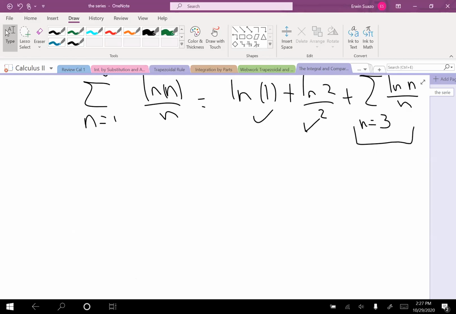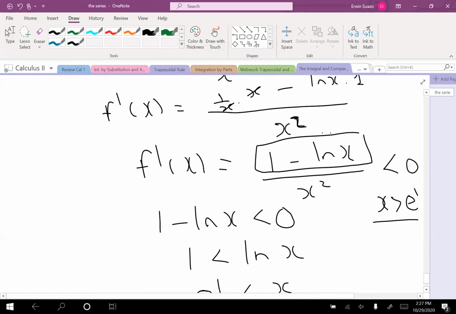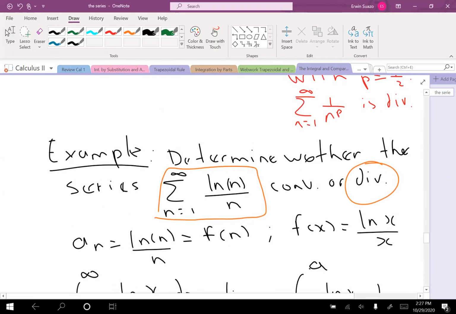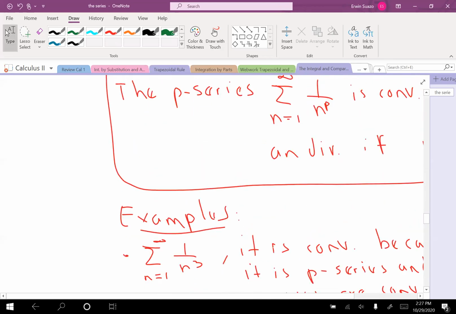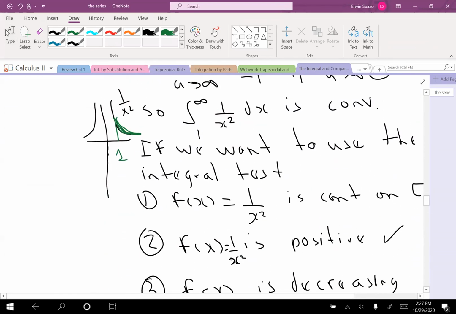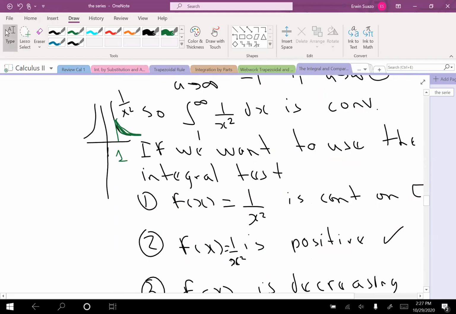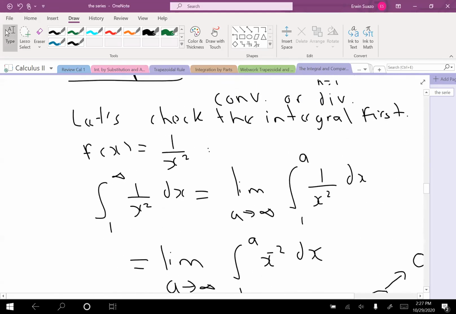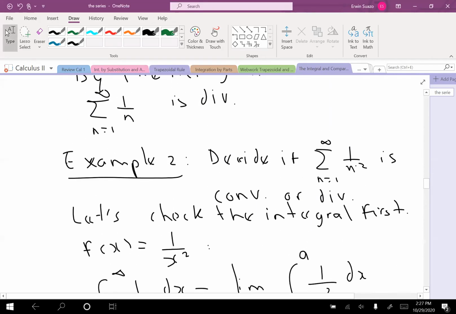Okay, so let's do the problem that we didn't finish last time. Last time we were just talking about P series, but we only checked 2: 1 over x squared, or 1 over n squared.